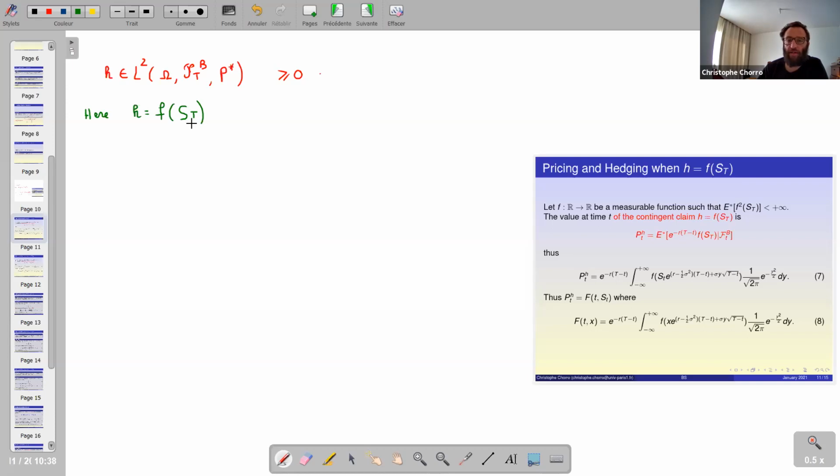It's a very particular situation because a priori, a contingent claim is just something of the general form. Here I impose for H a very particular form that is just to be dependent on the final value.